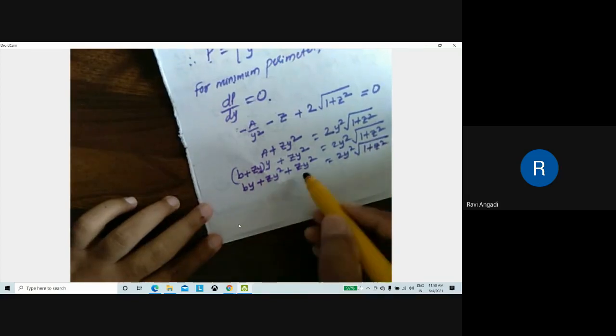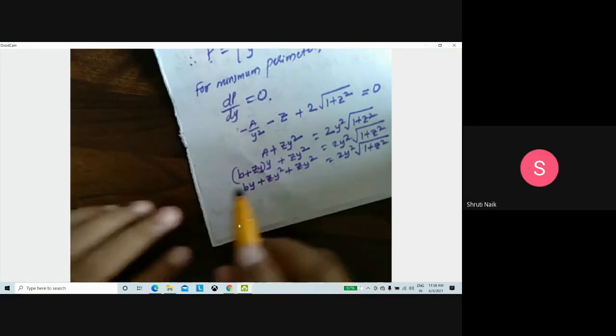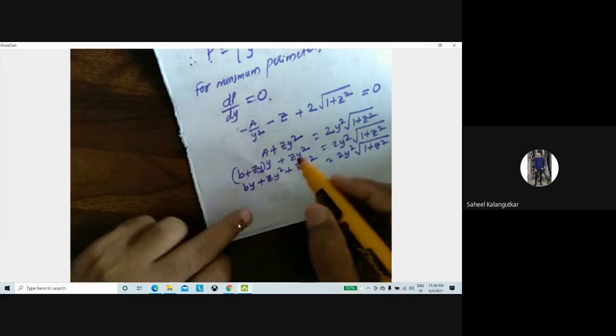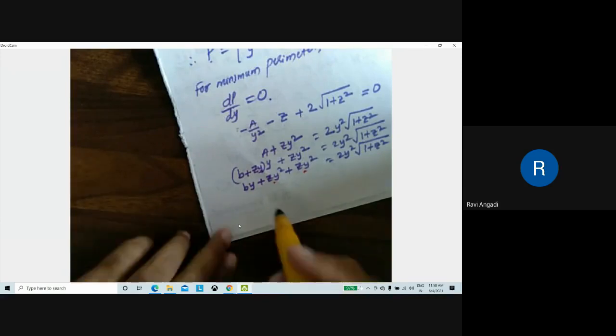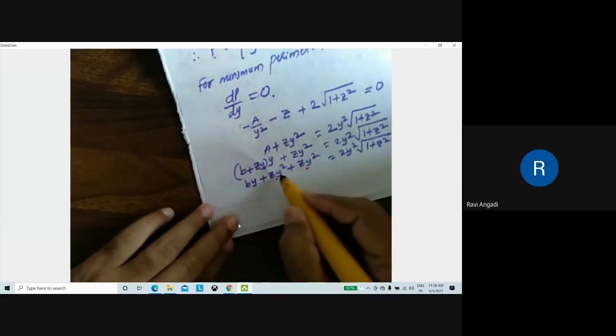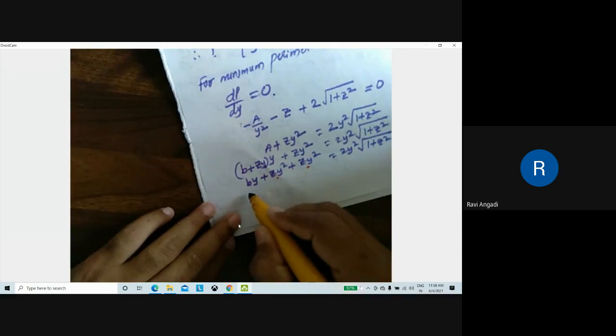Then what is the common in this one? zy is common. Is it 2 zy square? Yes or no? So here is 2 zy square, here is y. Shall I take y as a common?